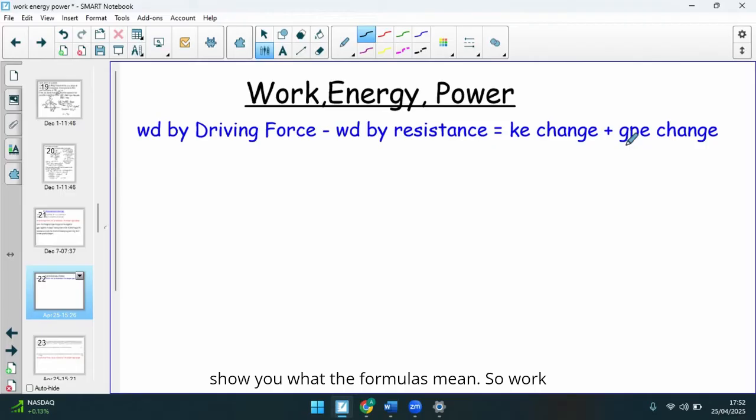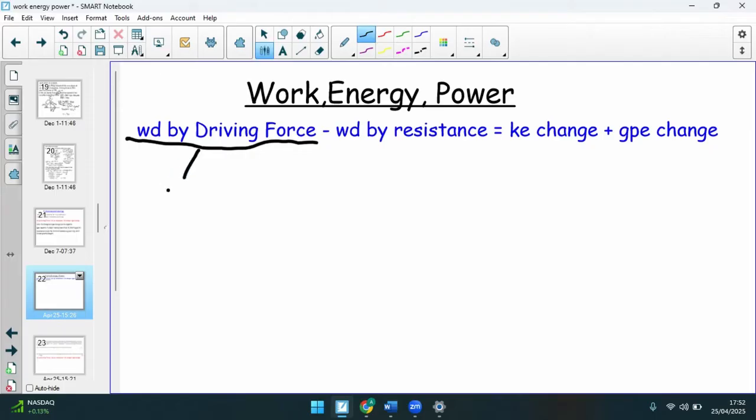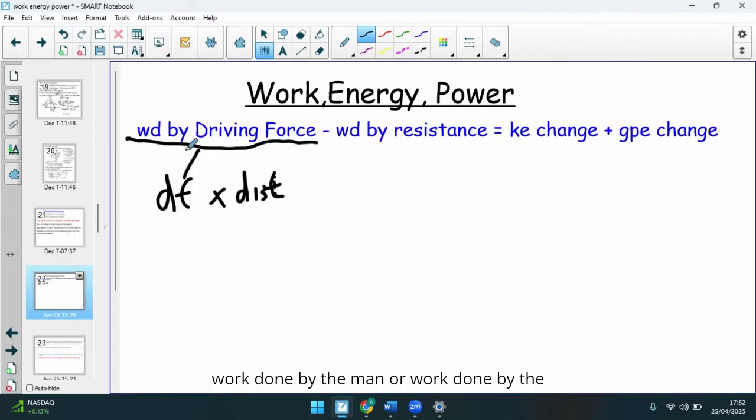And I'll just show you what the formulas mean. So work done by driving force means driving force times the distance. Right? So I'll write distance here just to not confuse it. Now, they might say work done by the man or work done by the car.